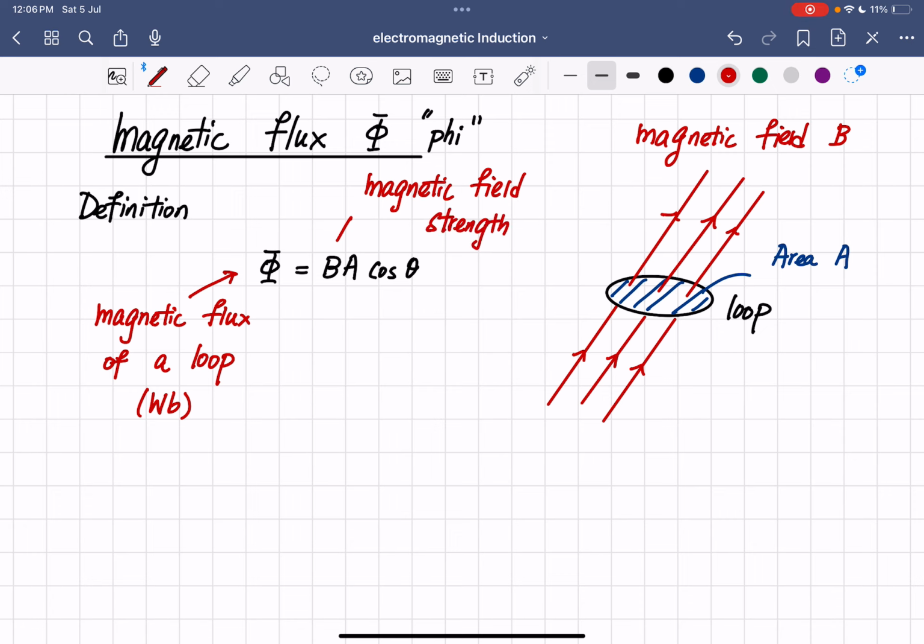As usual, the unit of magnetic field strength is the Tesla, and A is the area of the loop, and we use the meter squared as the SI unit.